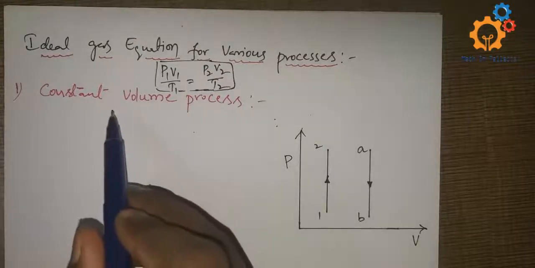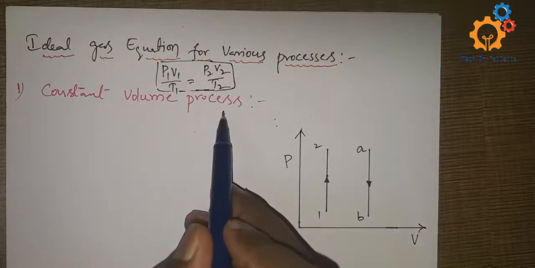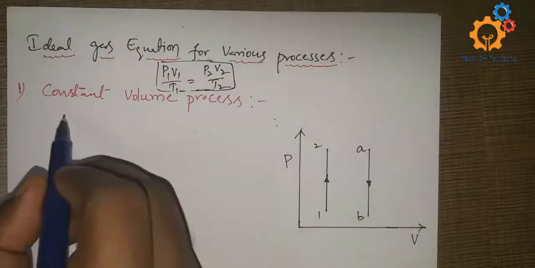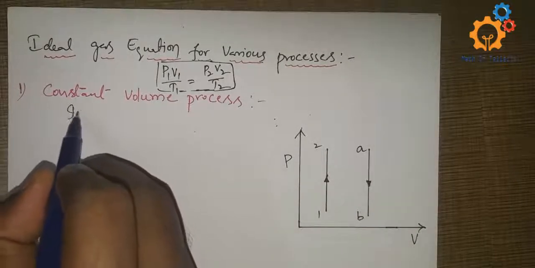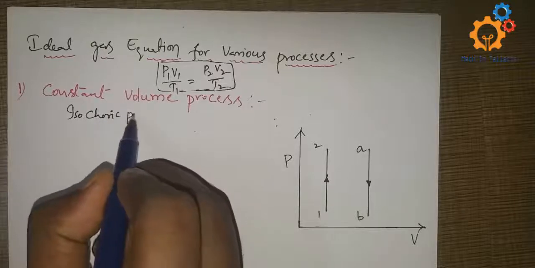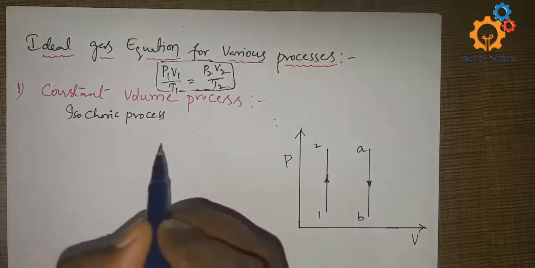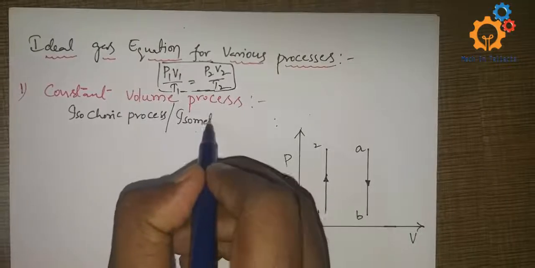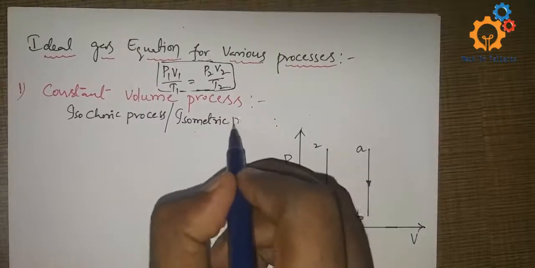The first one is the constant volume process. This process is also known as isochoric process or isometric process.